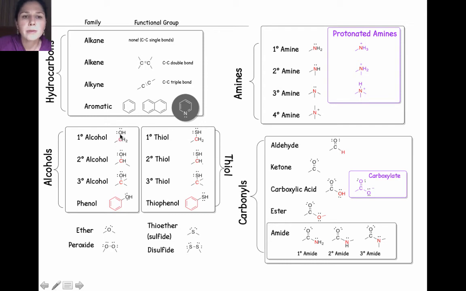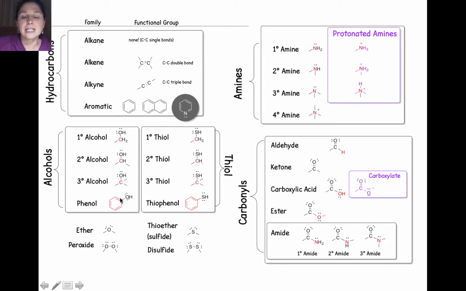So that's kind of my shorthand that this is attached to another carbon. When the carbon of the alcohol is attached to one other carbon, it's called a primary alcohol, and you represent it like this, 1 degree. When the carbon attached to the alcohol is attached to 2 other carbons, so this is one and this is the other, then it's a secondary alcohol. And when that carbon is attached to 3 other things, it's a tertiary alcohol, or 3 degrees.